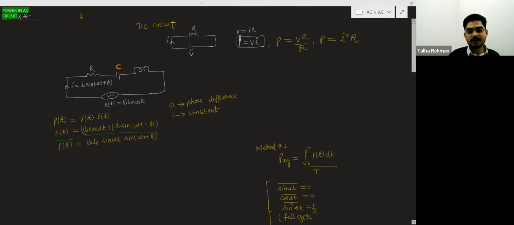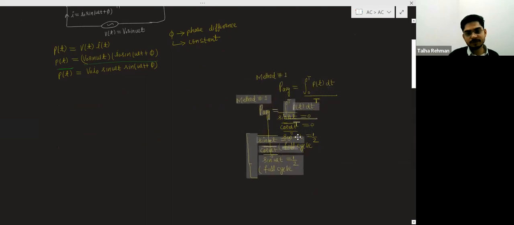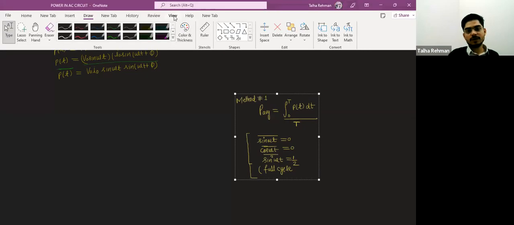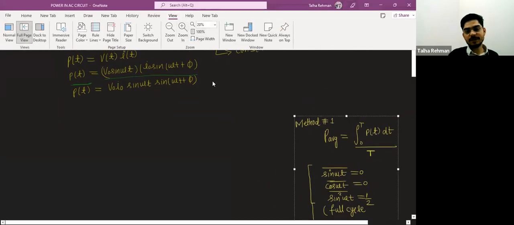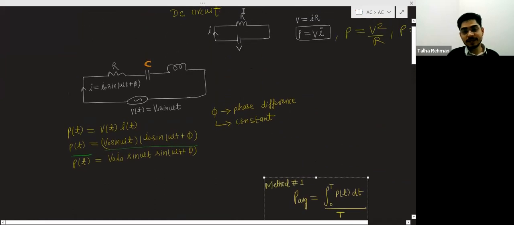But in case of AC circuit, actually what happens in case of AC circuit, the current and the voltage are changing continuously with time. Here, in case of the DC circuit, the current and the voltage are constant, not changing with time.